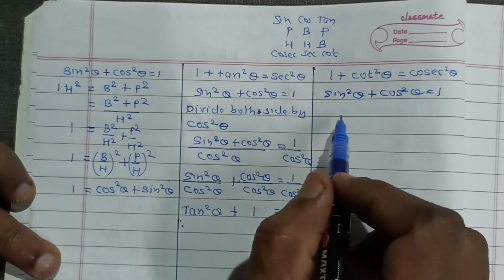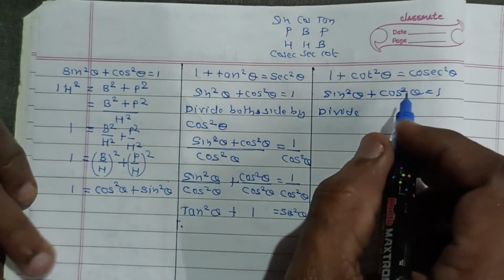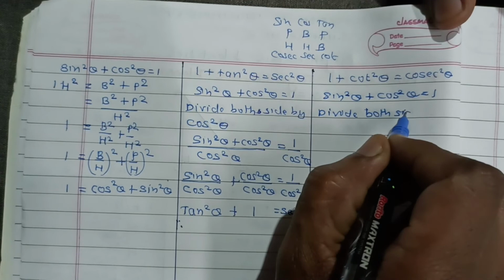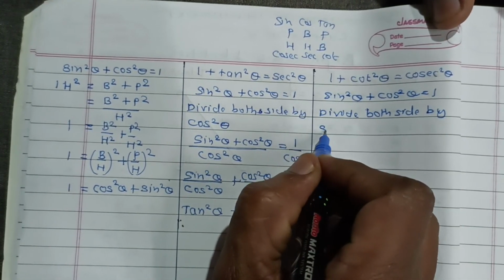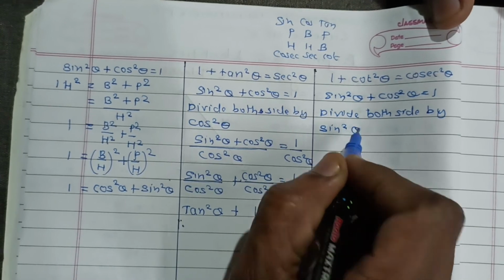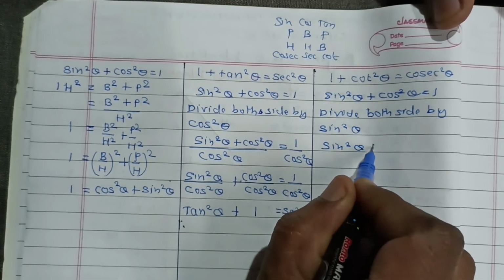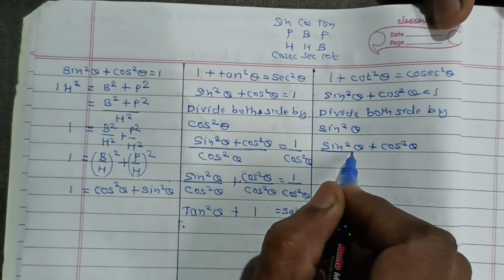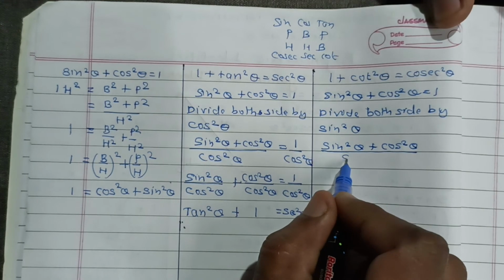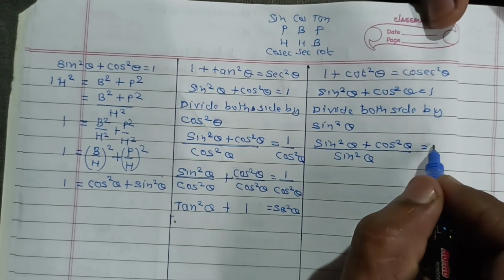For this you have to divide both sides by sin²θ. So sin²θ plus cos²θ divided by sin²θ is equal to 1 upon sin²θ.